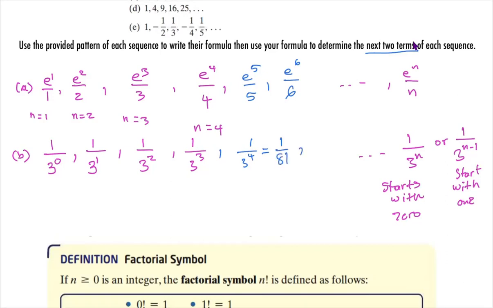And then the other term would be 1 over 3 to the power 5, which is 1 over 243.